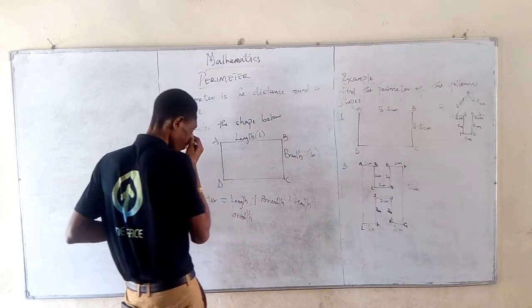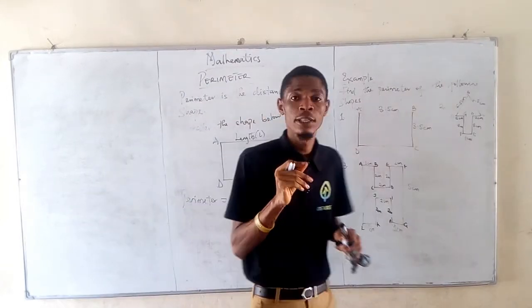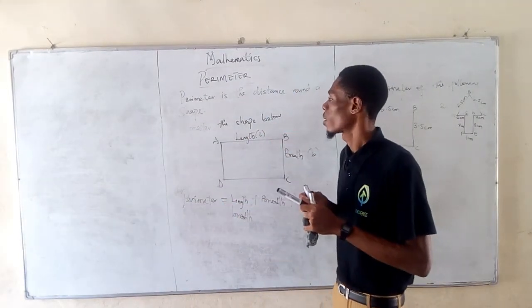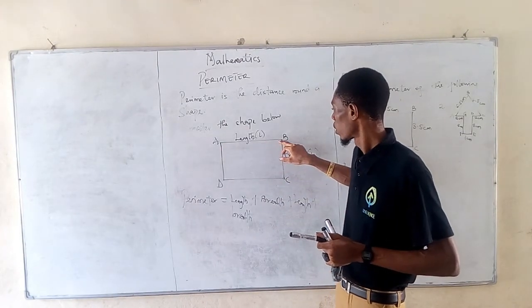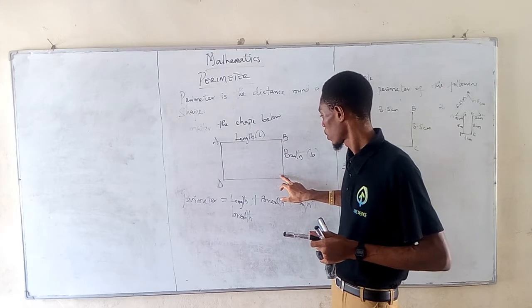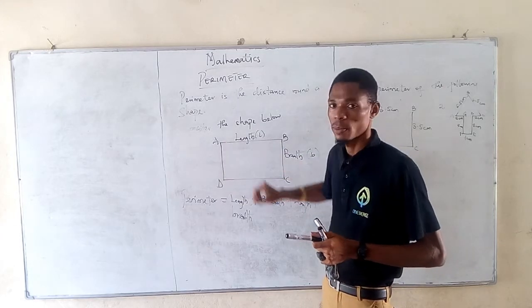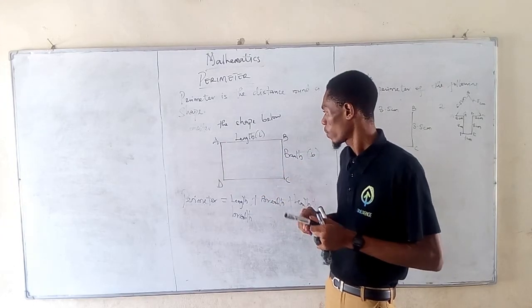Okay? Now I say perimeter is the distance around the shape. So if you're considering this shape, the perimeter is this length plus this breadth plus this length plus this breadth. Okay? That's the perimeter for this shape.